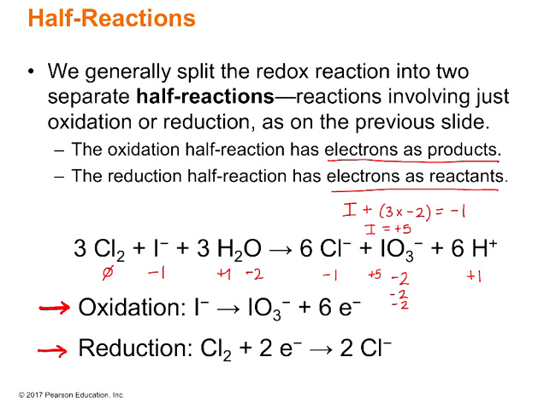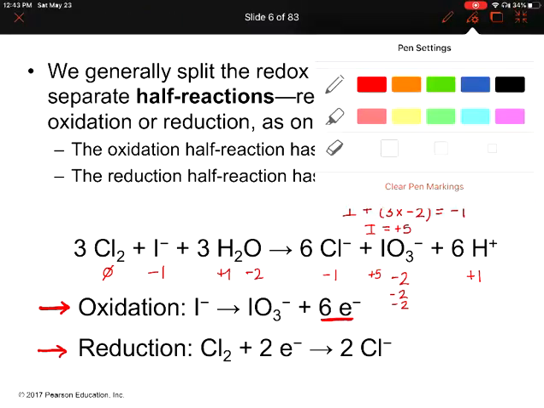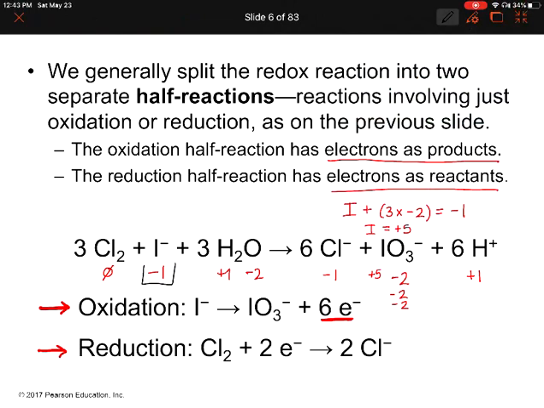Now, you might also be wondering, where did these 6 electrons come from for the oxidation of iodide? Well, remember, iodide went from -1 to +5. So in order to go from -1 to +5, iodide must have lost a total of 6 electrons.